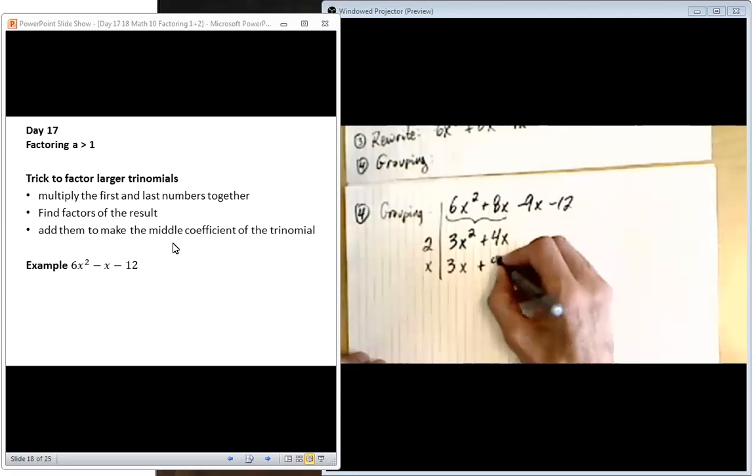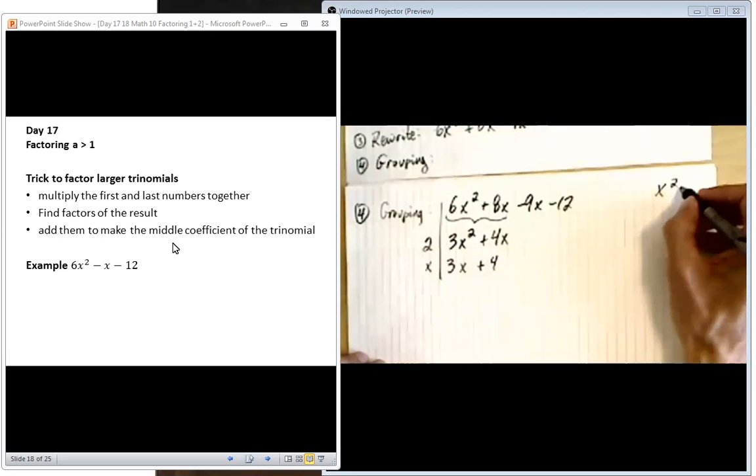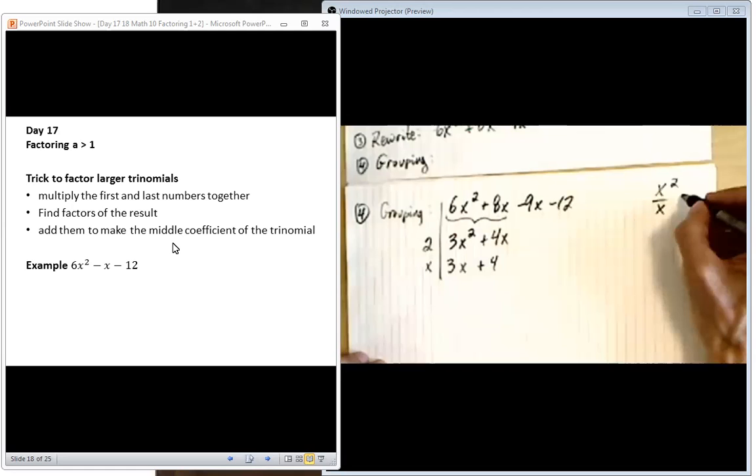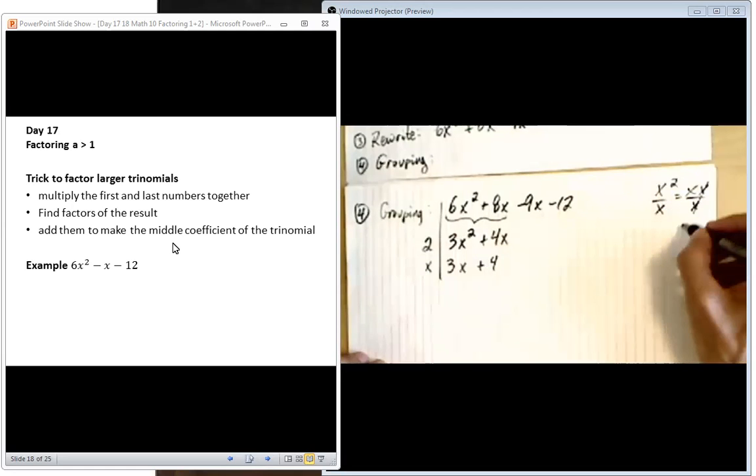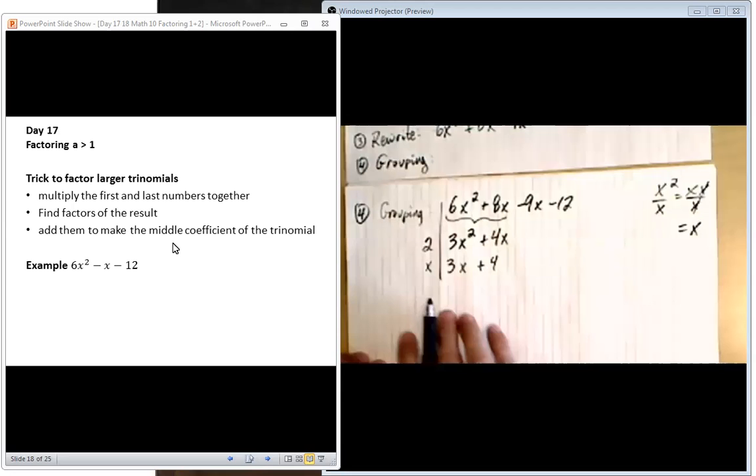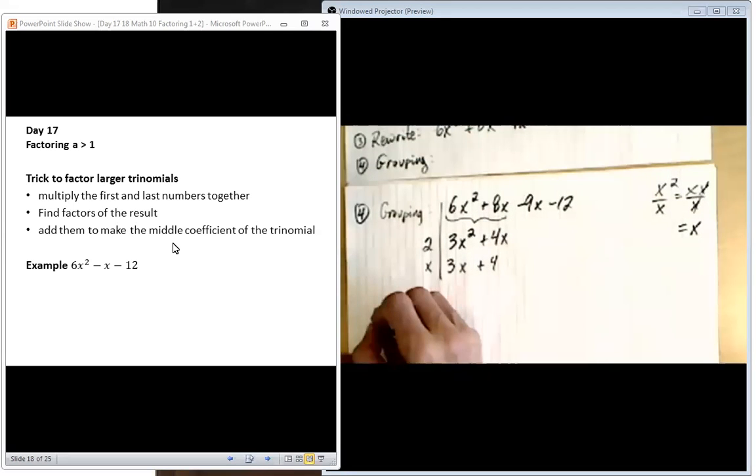Nice. Goes off to the side. X squared divided by X. You've seen that now already, right? Gone. X only. Yeah, good. Looks good. Let's take it to this step here.